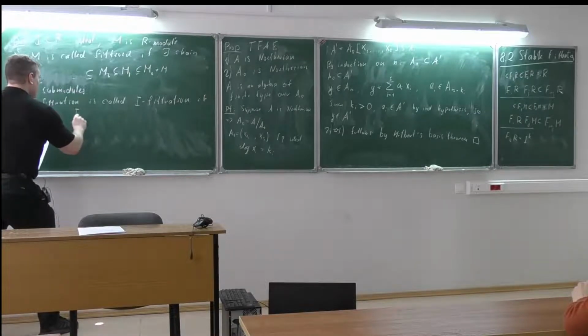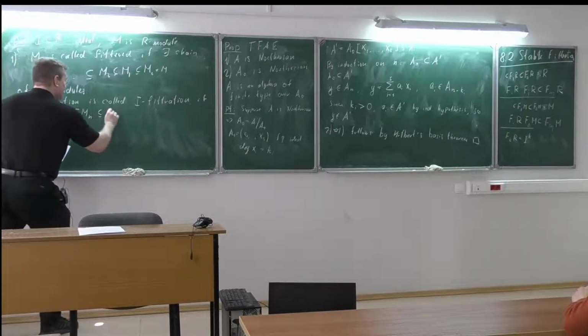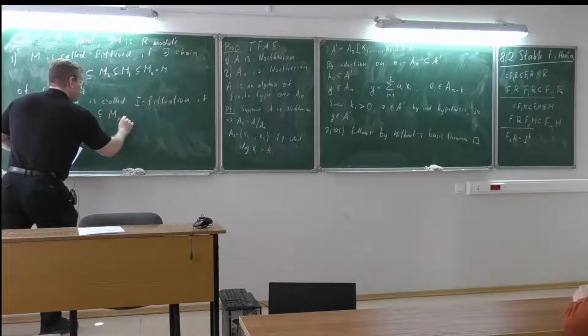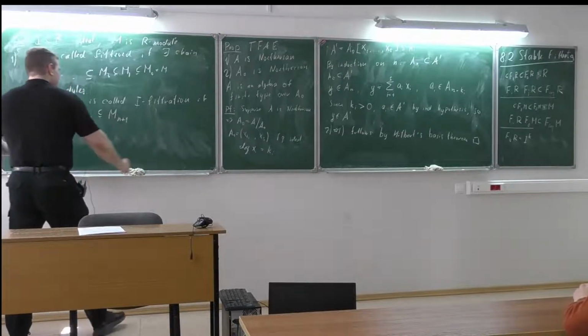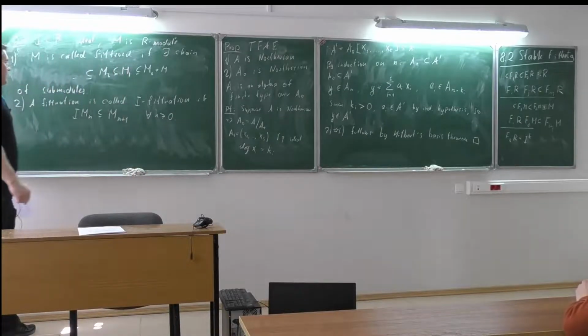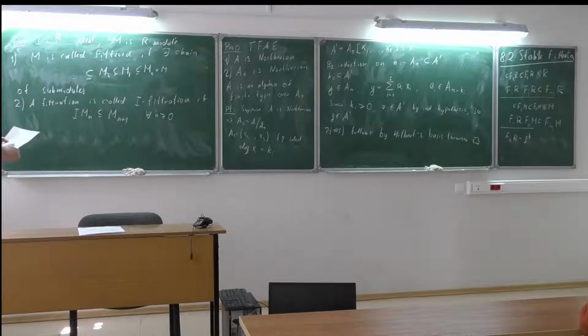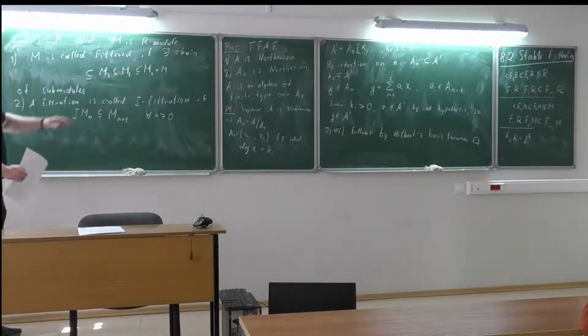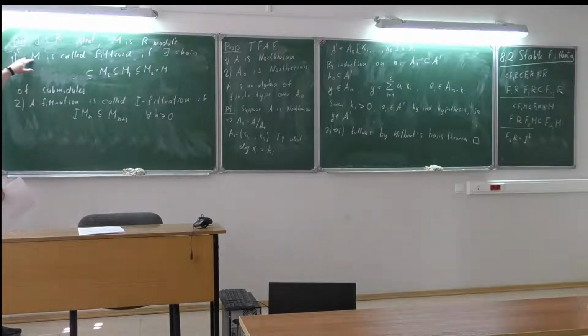So M_n sits inside M with index n plus 1, and this is for any non-negative n, and M_n is from the filtration. So we take a module, we take a chain of submodules, and we put an additional condition.